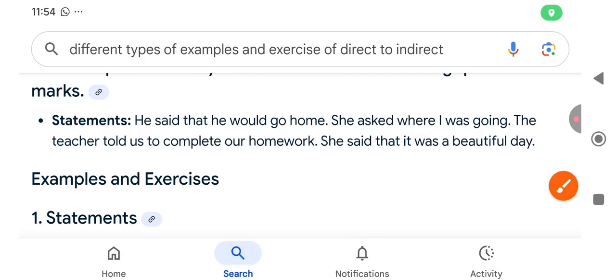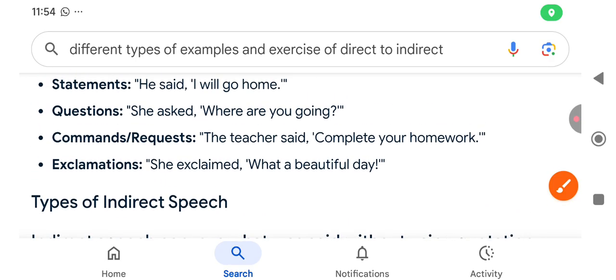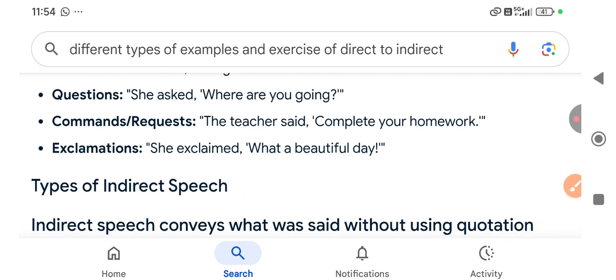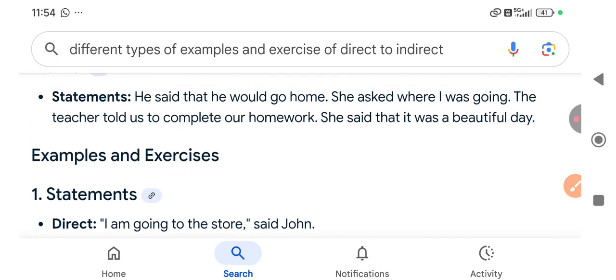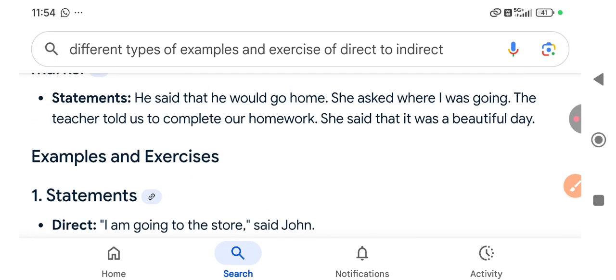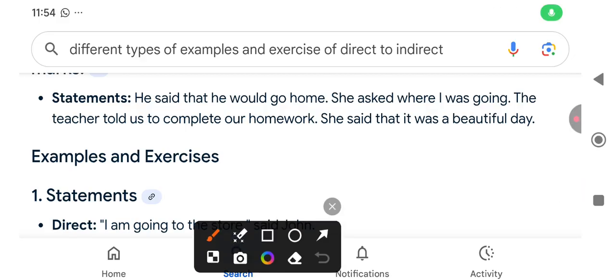Then the next type is a request, a command. The teacher said, complete your homework. So the teacher told us to complete our homework.